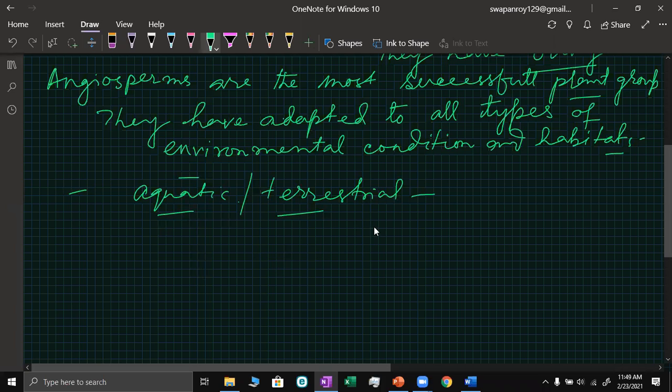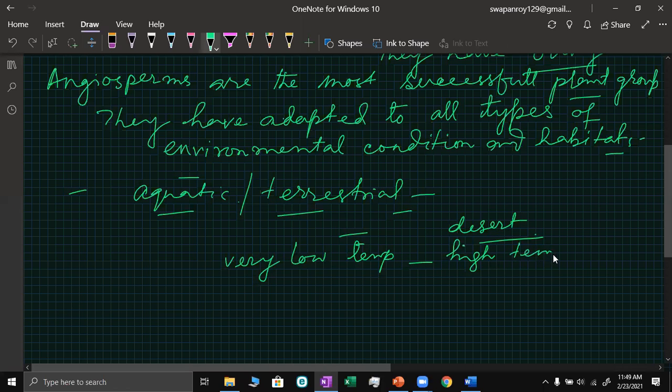In the terrestrial also, they can grow in the desert areas, in normal conditions also, from very low temperature to high temperature.